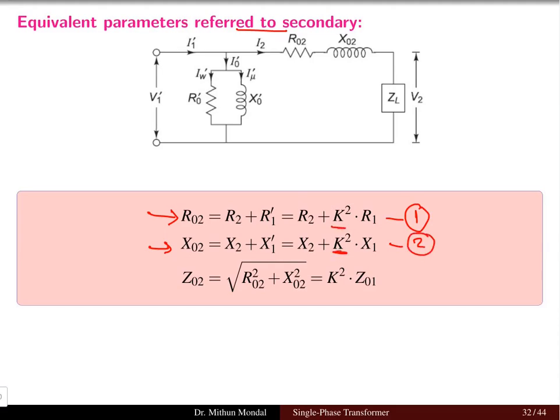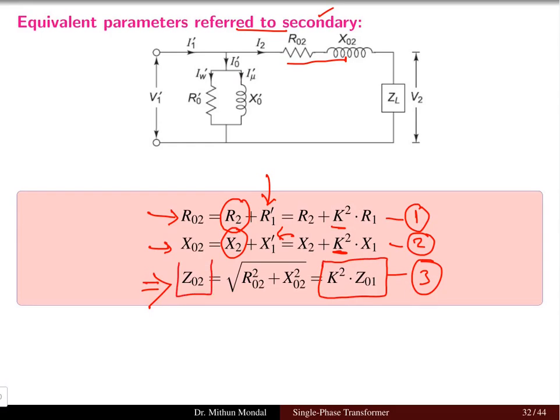So we get a single resistance and single reactance on the secondary side, with the secondary parameters constant and the primary parameters referred to the secondary side, and hence the total impedance of the network is under root of R02 square plus X02 square. Also note that if we have already computed Z01, then we can refer that to the secondary side: Z02 is equal to K square into Z01.